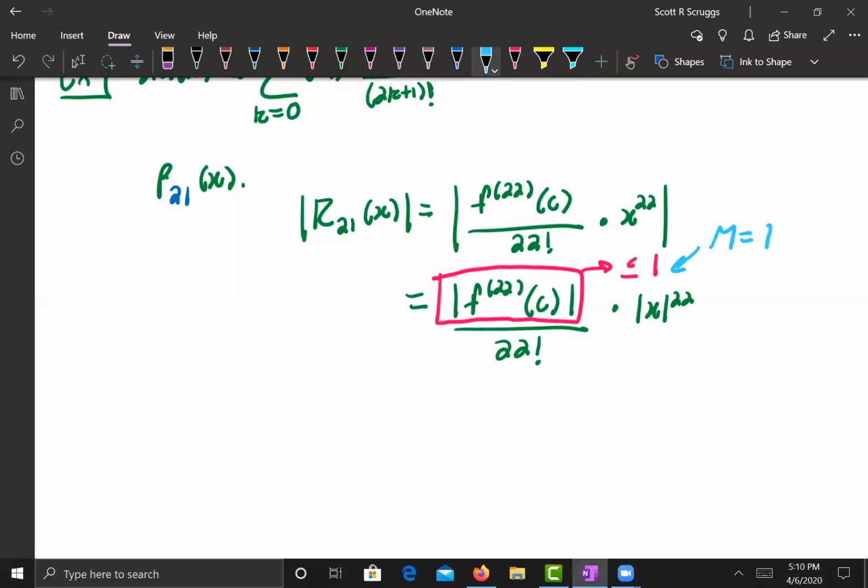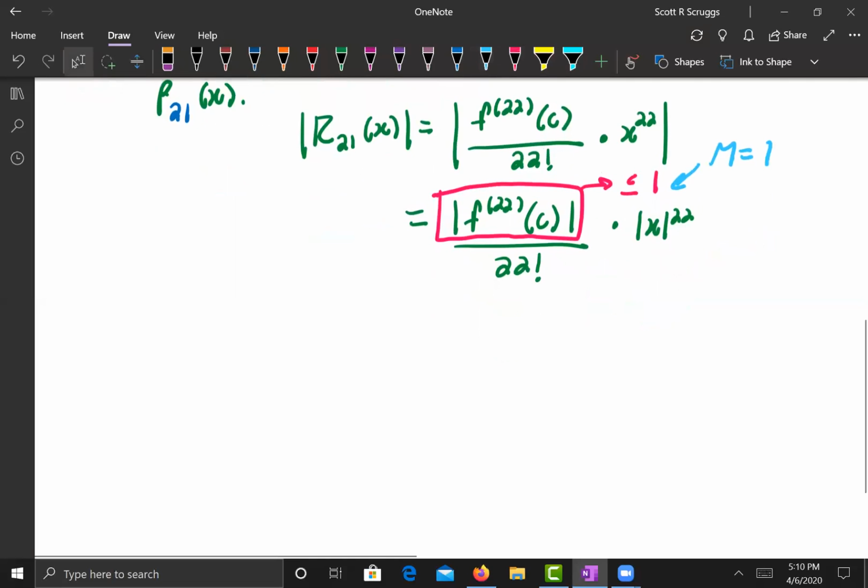And then as for x, that value will typically be given to you either explicitly or implicitly. So another example where it's given implicitly, one of the examples in the lecture notes for 11.1 was I gave e to the 0.45.